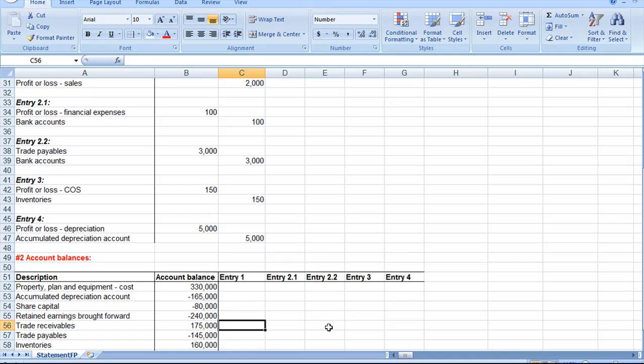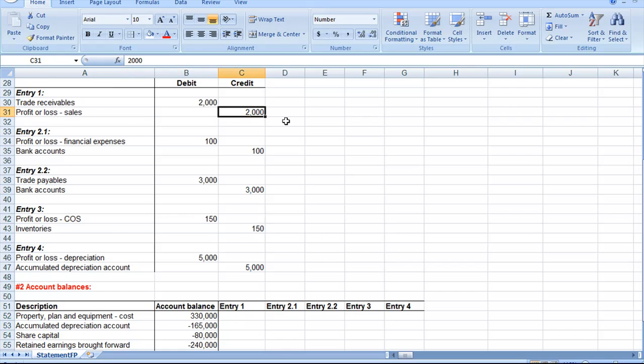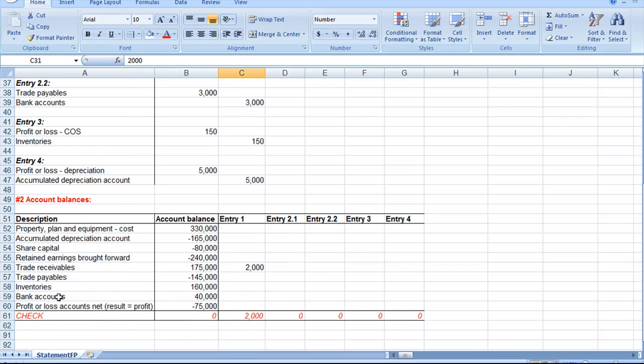Then we credit profit or loss, some sales account, with 2,000. So we enter minus 2,000 to the line belonging to profit or loss accounts net. Well, it's because here in this example, we have no separate accounts for profit or loss items, and that's for simplicity only. And you see that your checksum in the last line is 0. So we made this entry correctly.